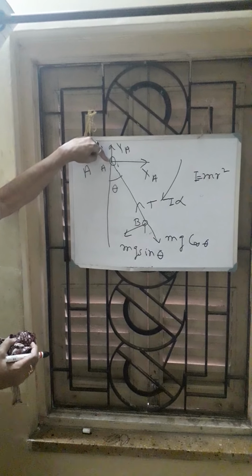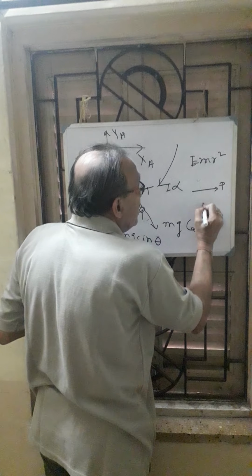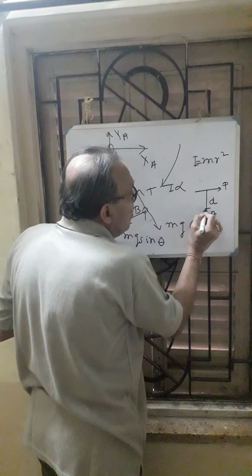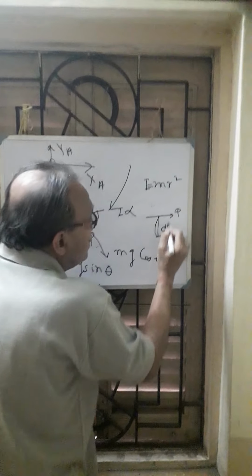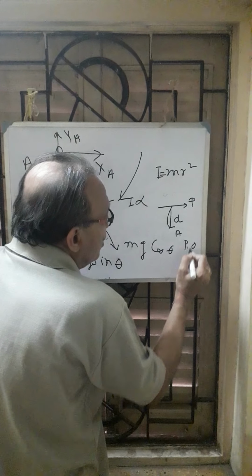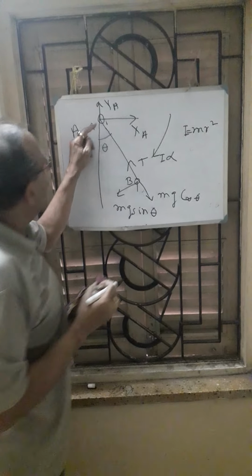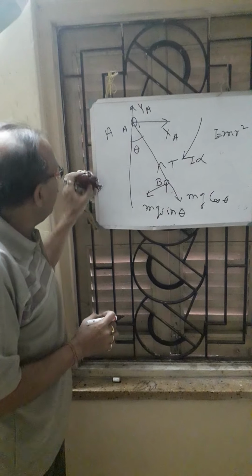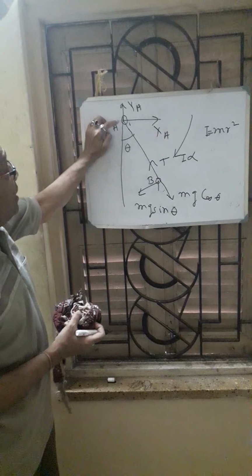And therefore, the moment is 0, since if there is a force P and the distance is D, this is the point A, the moment is P into D. But if the point A lies on the line of action of the force, then D is 0. Therefore, the moment is P into 0 and that is 0. Therefore, since the four forces XA, YA, T and mg cos theta are passing through A, the moment of these four forces about the point A is surely 0.